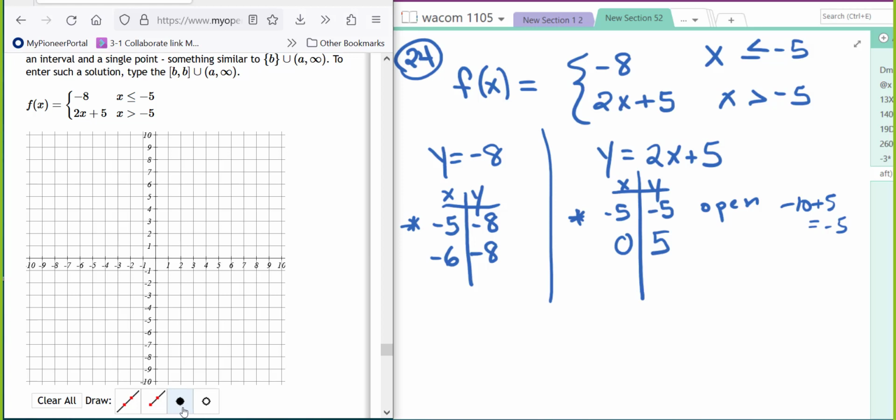All right, we want a closed circle on negative 5, negative 8. Then we want a ray from there, and we want negative 6, negative 8. All right, so we're good with that one. All right, on the other one, we want an open circle on negative 5, negative 5.